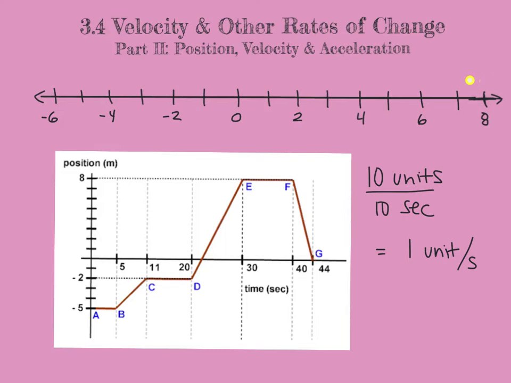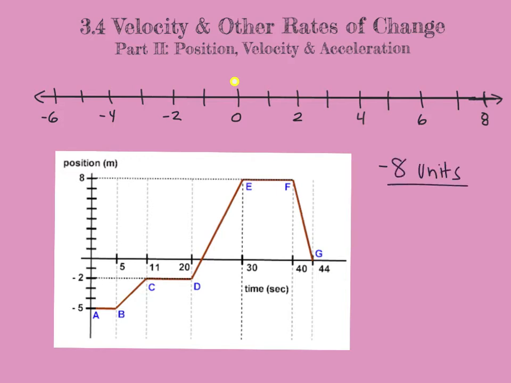So our particle goes from 8 down to 0 quickly. Its velocity was, it moved 8 units in the negative direction in only 4 seconds. So its velocity was -2 units per second, since velocity is a speed and a direction together.